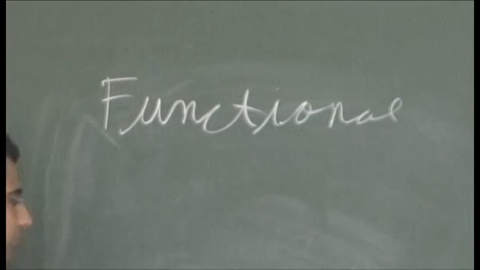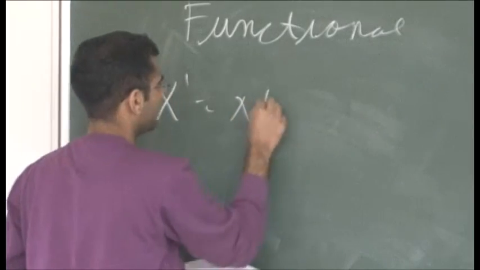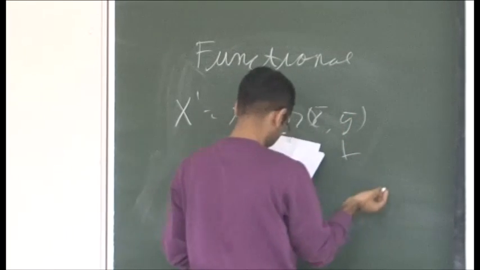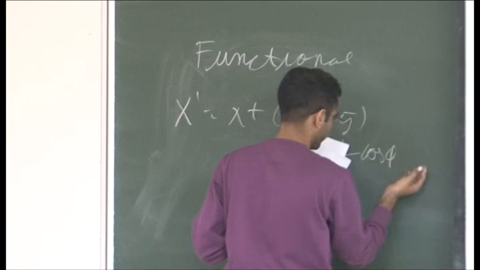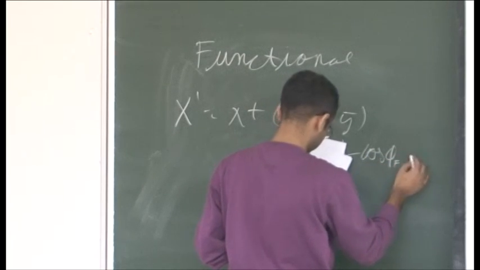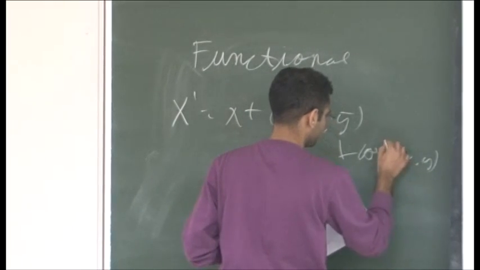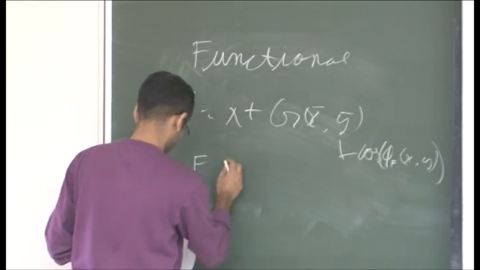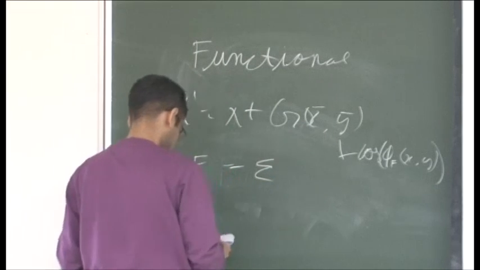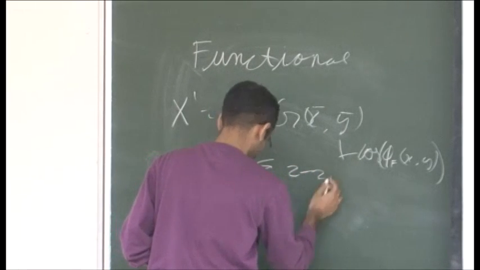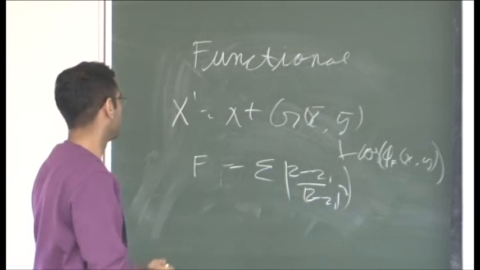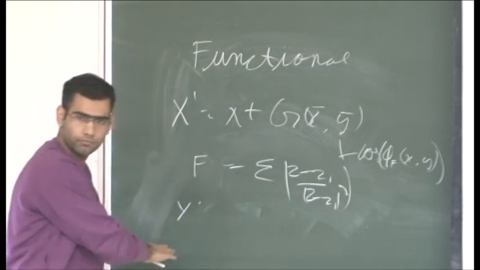You tell what the functional transformation is. So the expression is x plus cos phi, and then a summation.